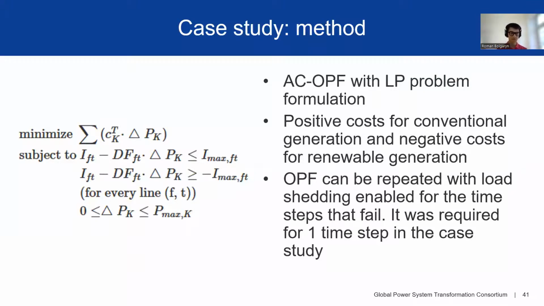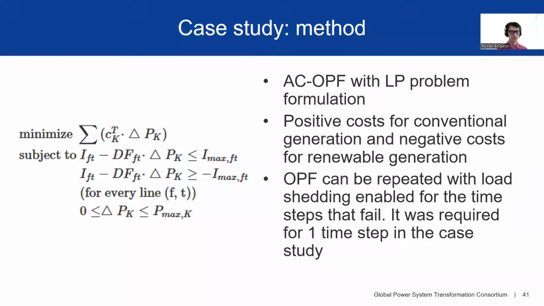And for the time steps that do not have a solution, we enabled a repeated calculation for the updated assumption that also load shedding is allowed. And this was necessary for one time step in the case study.